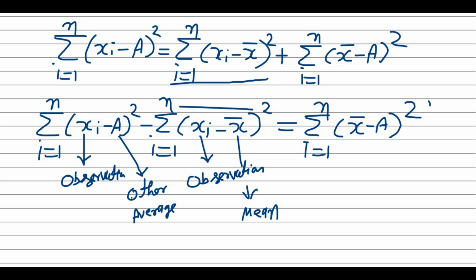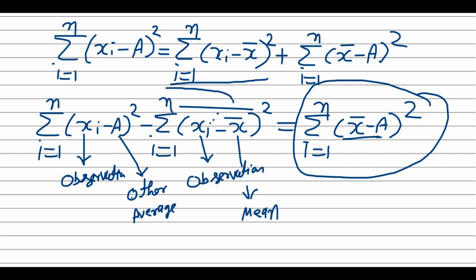Why? Because you are taking a square, so that would be positive. Even if the average is negative, this one is less than this one. So that is the minimum. If you take any other one, this quantity would always be less. That is the minimum.